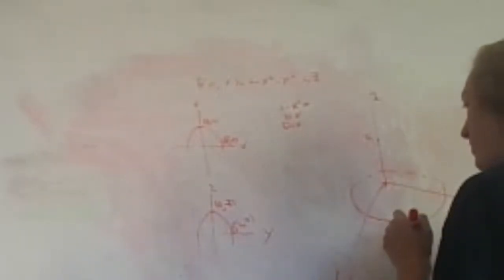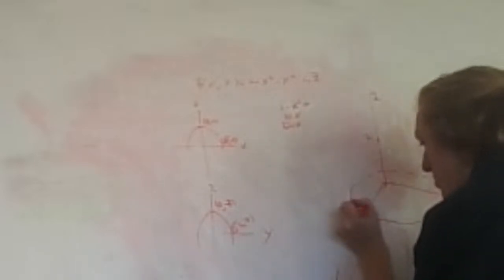So this is going to be at z is equal to 2. So this is x, y. This is also square root 2. This is square root 2. And so then we have a quadric.